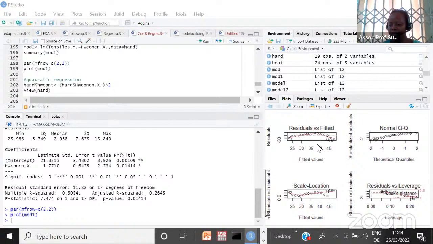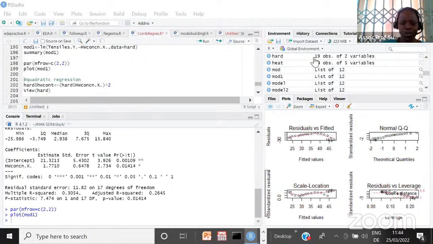And when we look at the residuals versus leverage, which shows outliers or values with high residuals, we don't see anything that is so peculiar. Generally, the residuals versus fit is also telling us that the linear model does not fit our data. And you see the red line drawn is a curve.